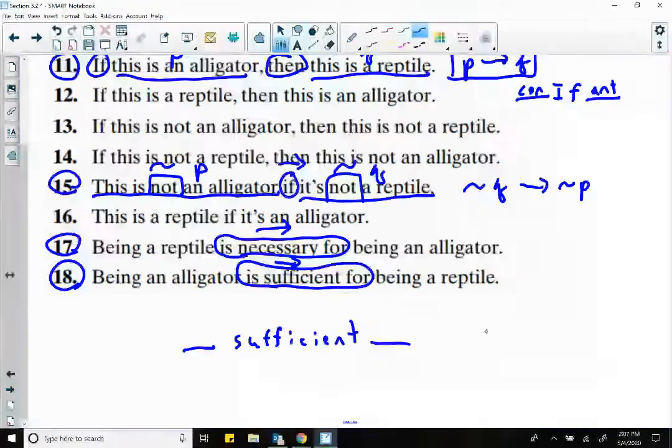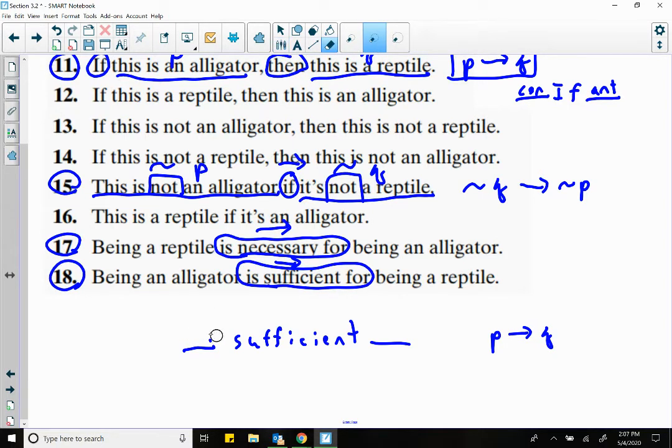This is the one that is P arrow Q. This is the antecedent. This is the consequent. Okay? Actually, I'm not going to say P arrow Q over here. I'm going to say antecedent arrow consequent because that's a better description, because it's not always P arrow Q.